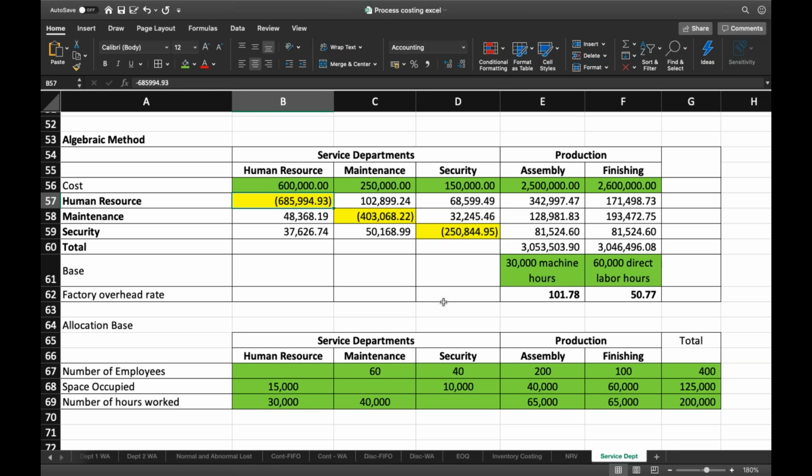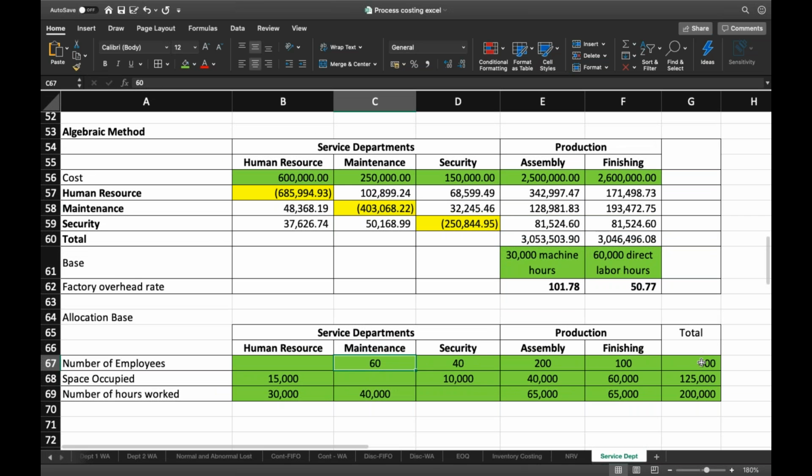For the maintenance department, the formula would be 60 divided by 400 times 685,994. For security, that's 40 over 400, that's 68,599.